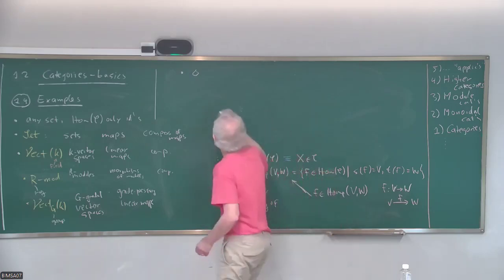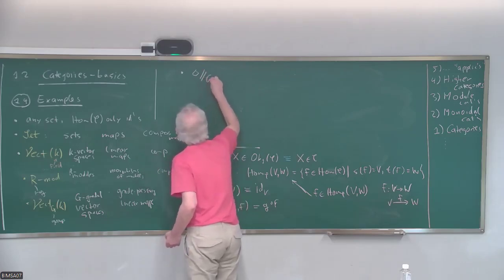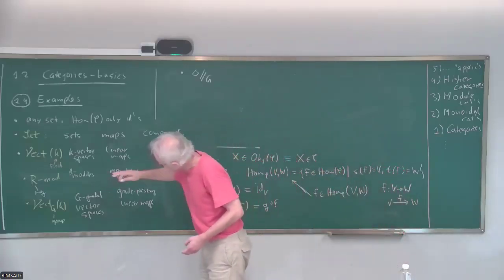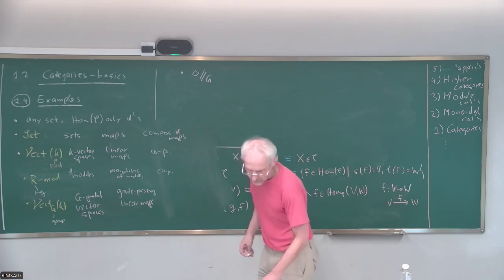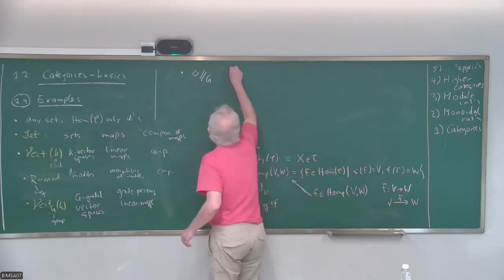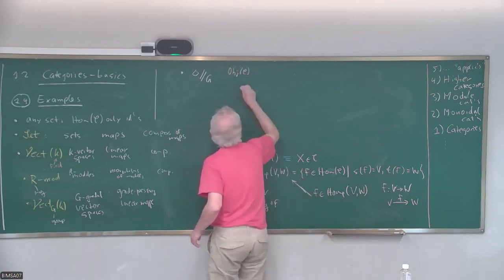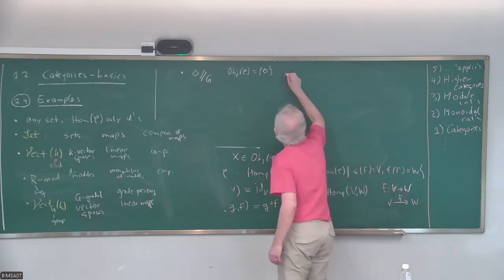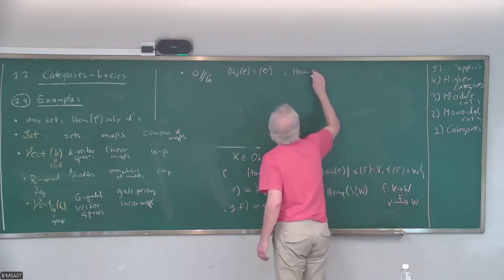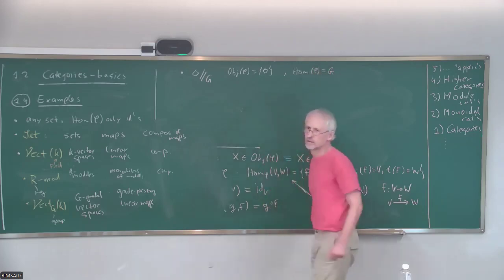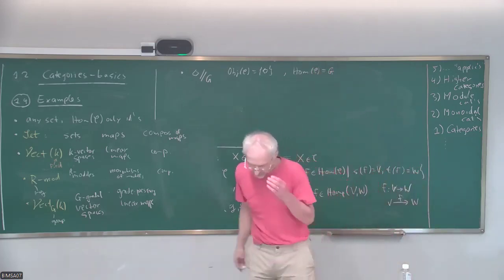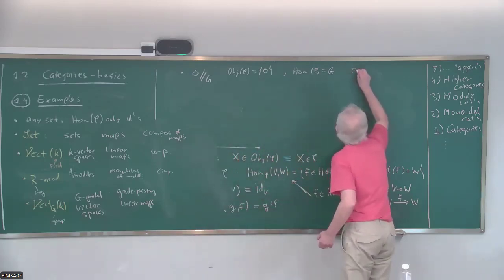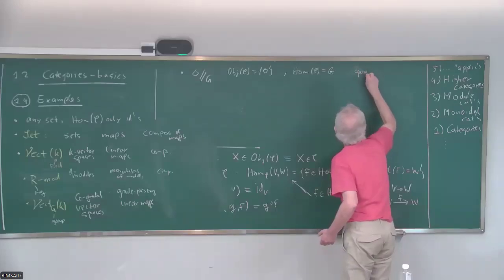Not interesting, but whenever you have a group, or it could also be a monoid, or in a more complicated setting in algebra, you can take the category which has just this one thing as an object, and where the morphisms are given by the elements of the group G. So a morphism is an element of a group, and composition is the group product.